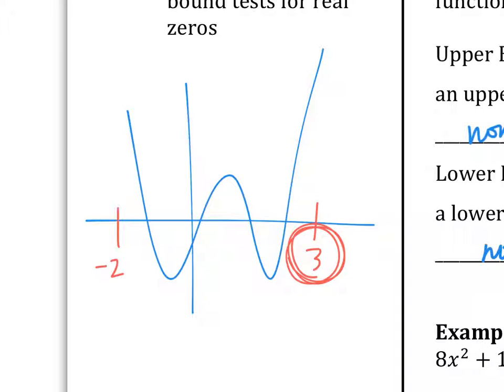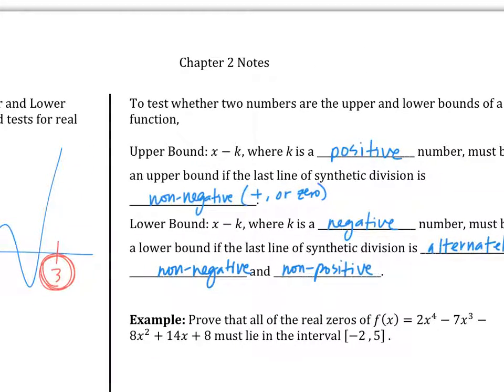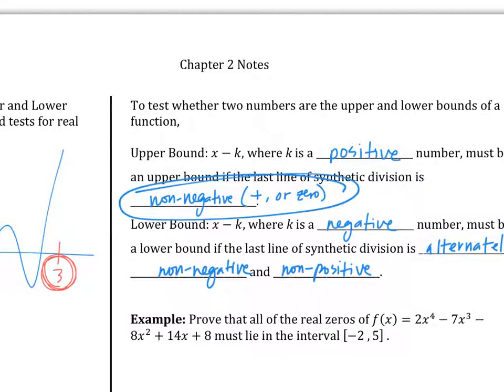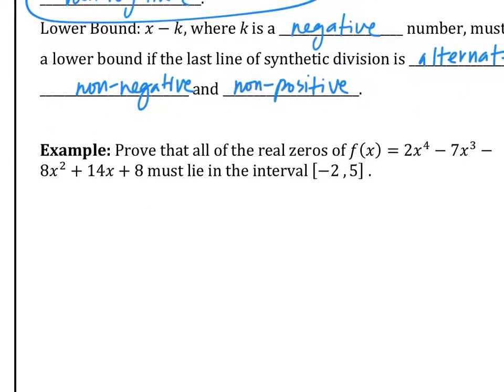To test to see if that number truly is an upper bound, it has to fit these requirements. When you do the synthetic division using that number, the last line of the synthetic division has to be non-negative. Let's just try that first. Prove that all the real zeros of this polynomial must lie in the interval -2, 5.